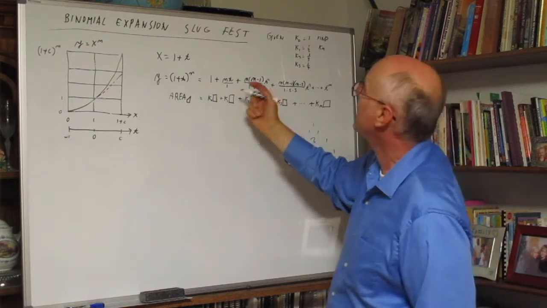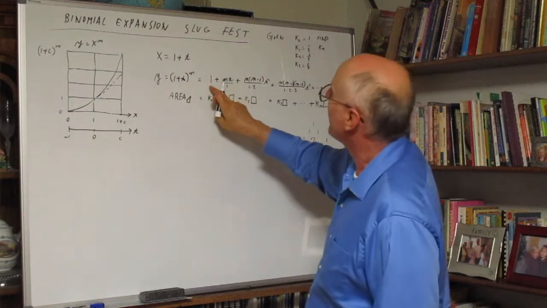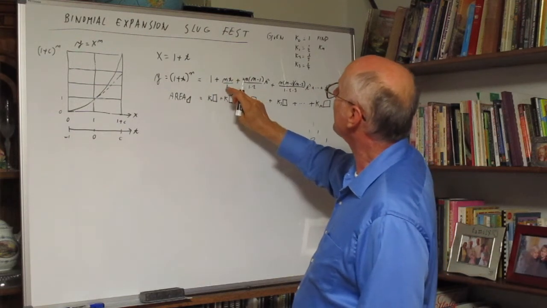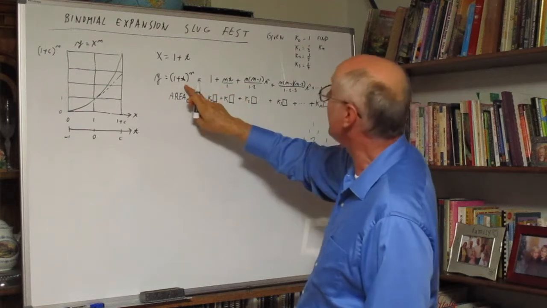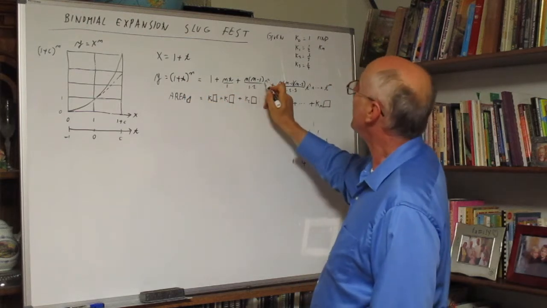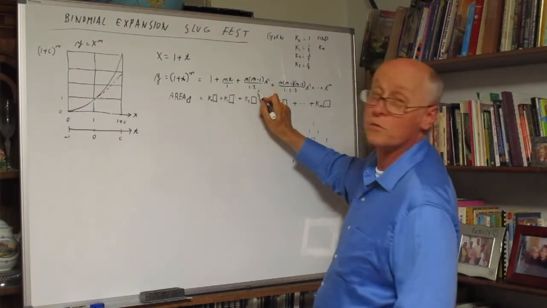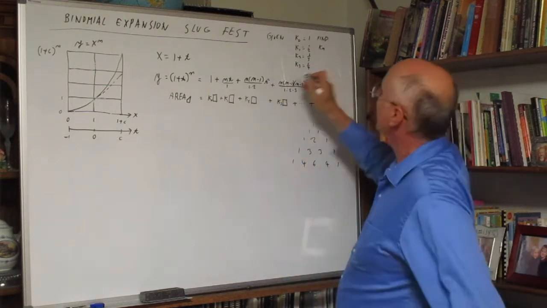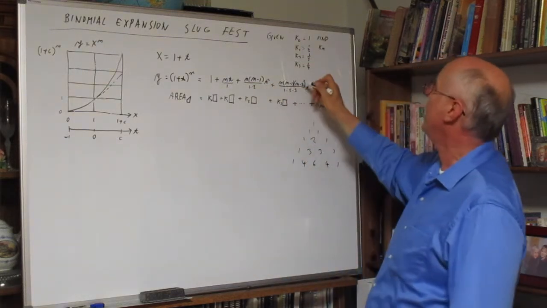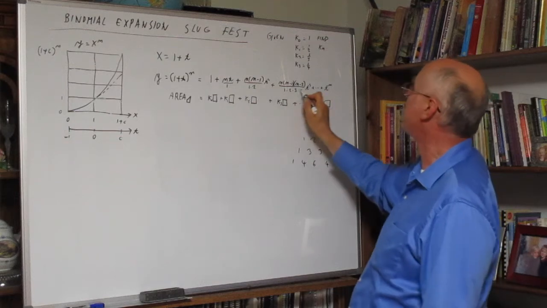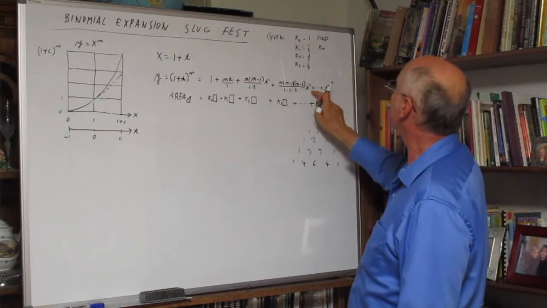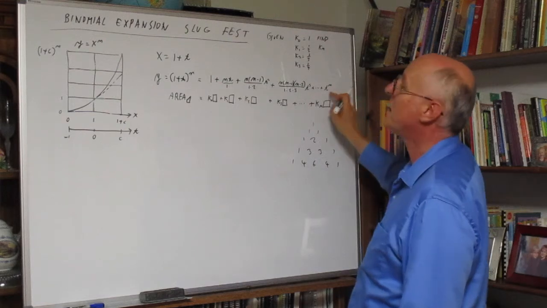That formula is, okay, it's 1. It's going to be n over 1, of course, times t. n minus 1 over 1 times 2, or 2 factorial, times t squared. n minus 1, n minus 2 over 3 factorial, times t to the third, and so forth, all the way up to t to the n.